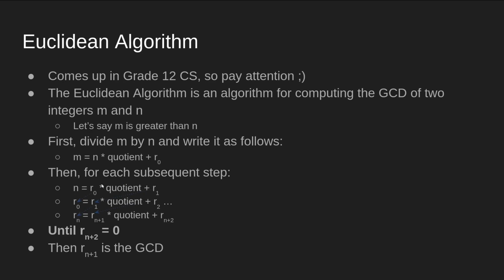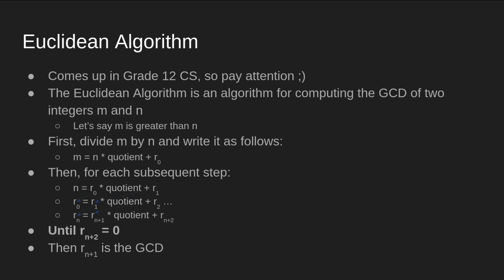Then we do the same thing: we shift over the thing we divided by, make it our new big number, and divide it by our new remainder. So r0 is equal to r1 times some quotient plus some new remainder. We keep doing this until we get a remainder of 0. When we encounter a remainder of 0, the last number we divided by is the GCD of m and n.